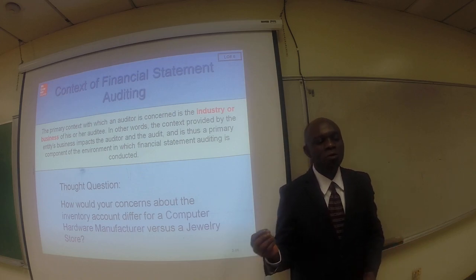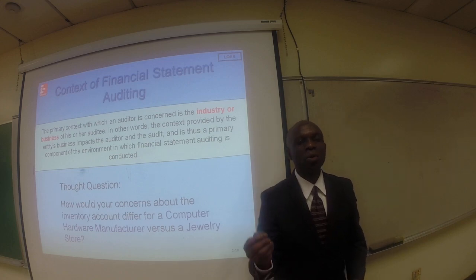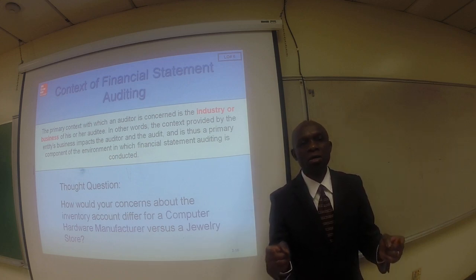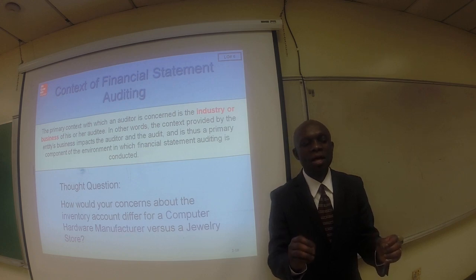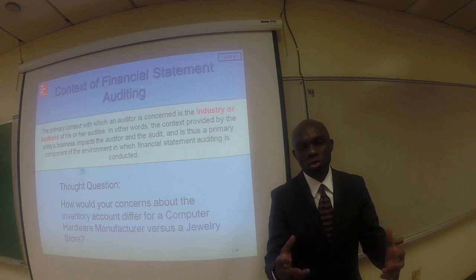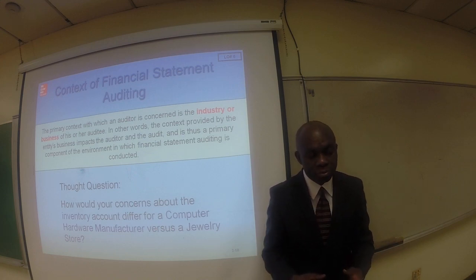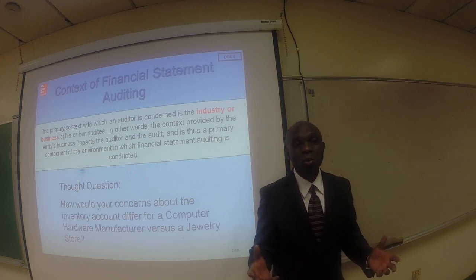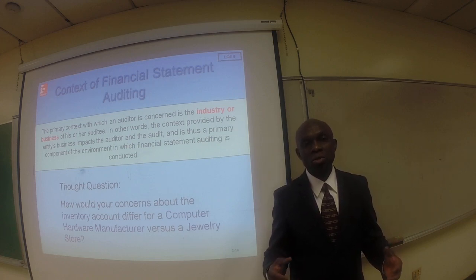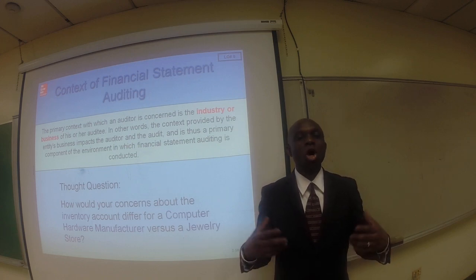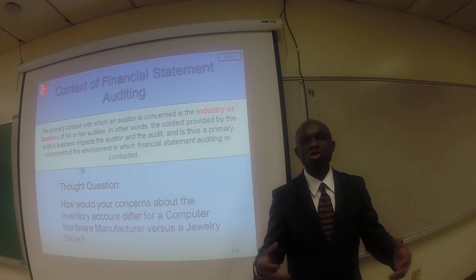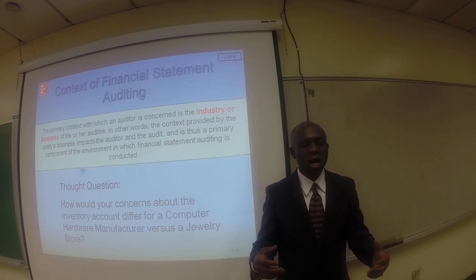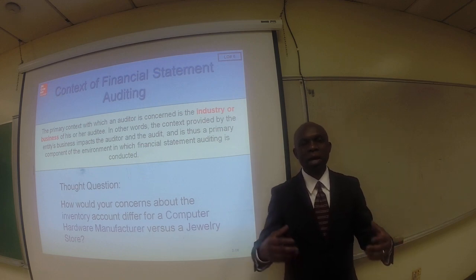How? For a computer hardware manufacturer, your concern primarily would be whether inventory is properly valued. In other words, as you know, computer hardware is subject to becoming obsolete, because every 3-6 months there's a new invention in the computer hardware industry.